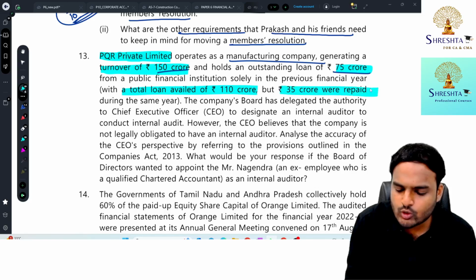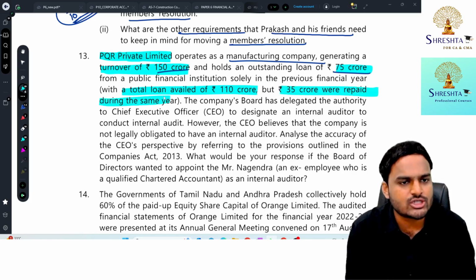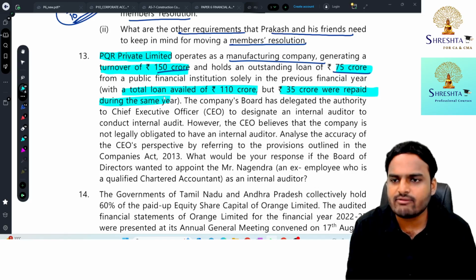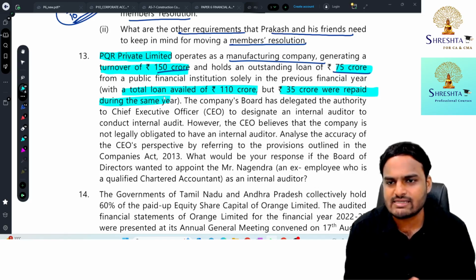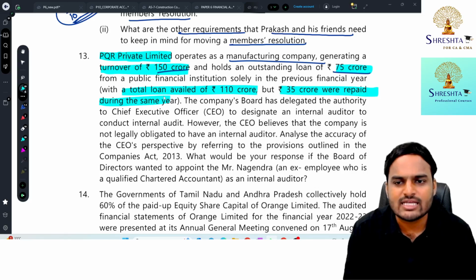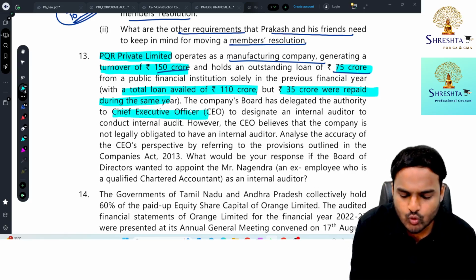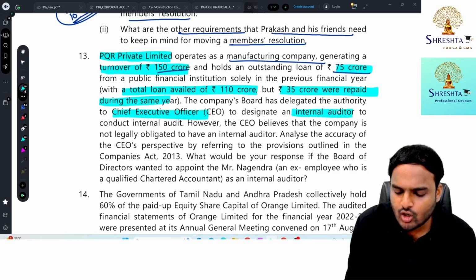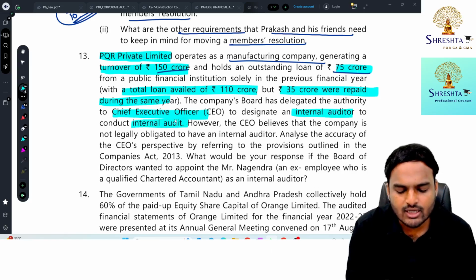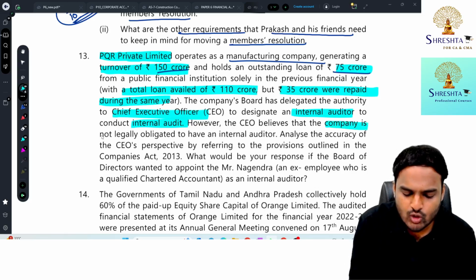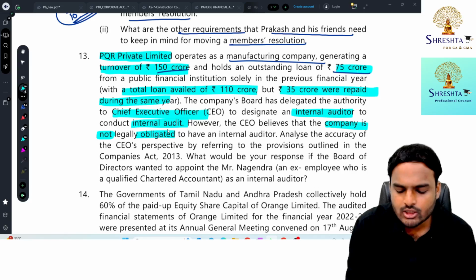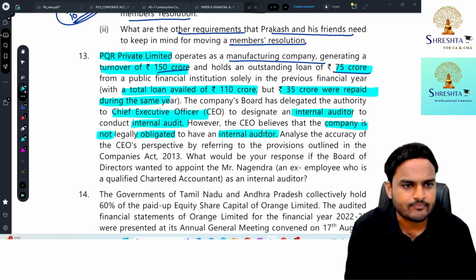However, 35 crores were repaid during the same financial year. Now the balance is 75 crores: 110 minus 35, 75. The company's board has delegated the authority to CEO to designate an internal auditor to conduct internal audit. However, the CEO believes that the company is not legally obligated to have an internal auditor.